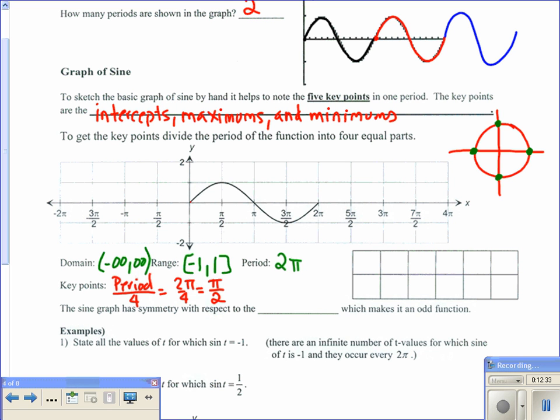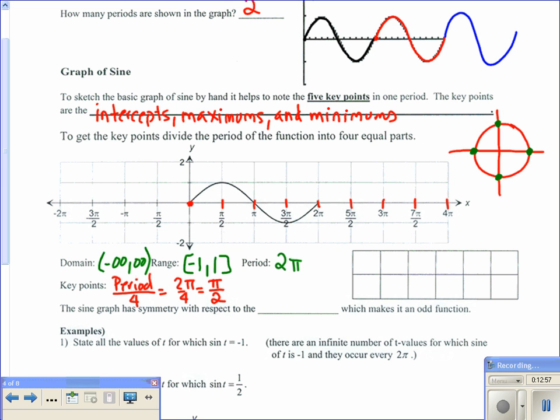So I always start at 0 for my sine graph. So 0, and notice I have pi over 2, and then 2 pi over 2, which is pi, 3 pi over 2, and then 4 pi over 2, 5 pi over 2, 6 pi over 2, 7 pi over 2, 8 pi over 2, and I just reduce them. And of course I can go backwards as well. Now, I want to see each of those key points for your x-axis on your graph.